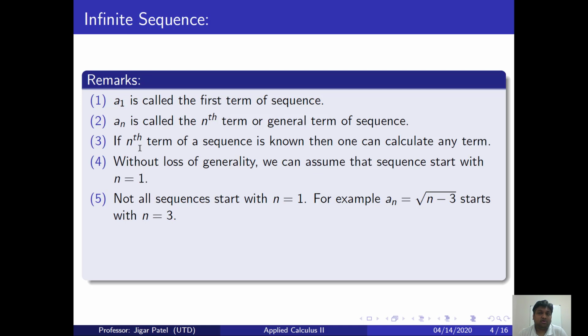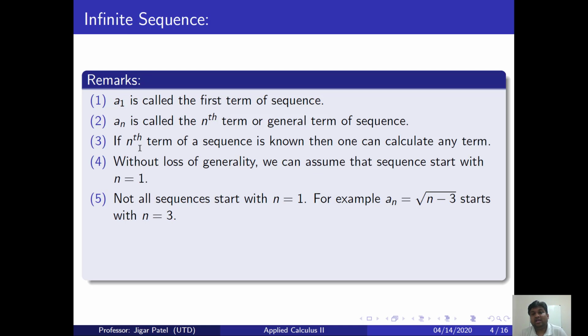Remember, square root is something that we can calculate only for a non-negative input. To make sure the input is non-negative, we need to consider n values starting from 3 or more. If the n value is less than 3, then I am going to have a negative entry under the square root, and this is not a real number. So this is a sequence that starts with index 3.